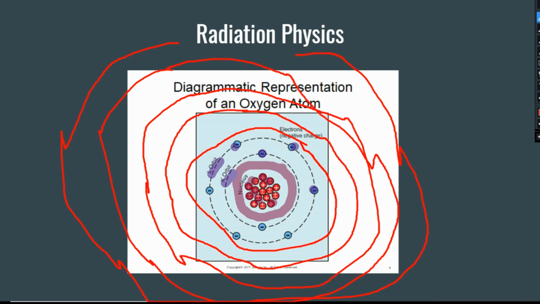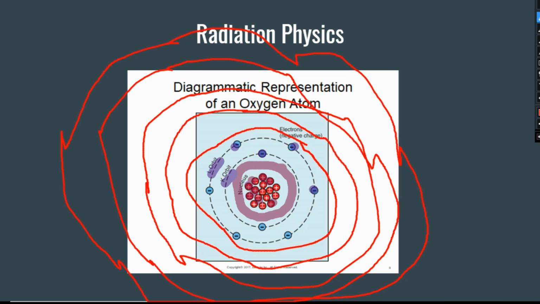And this last ring here would be Q. And that's going to be the maximum number of shells. You will only have 7 shells in an atom. So the shells are going to be labeled K through Q.